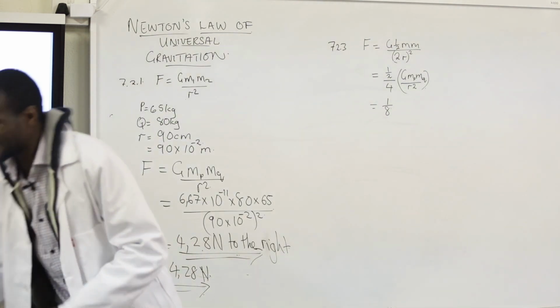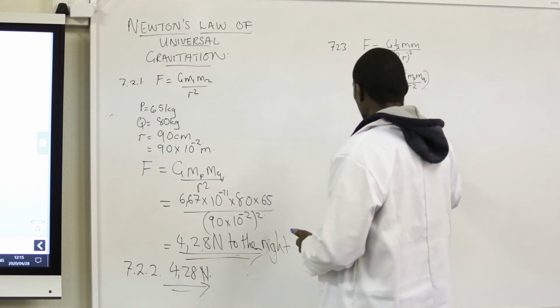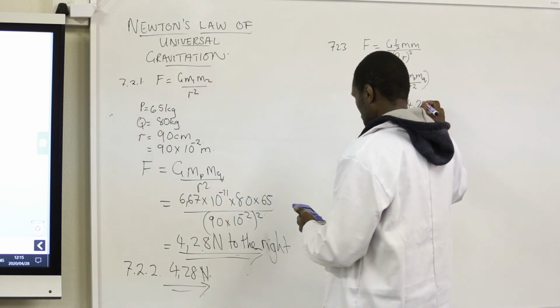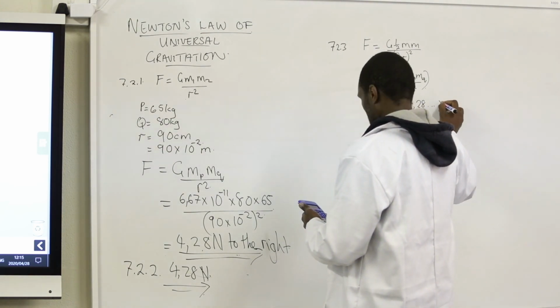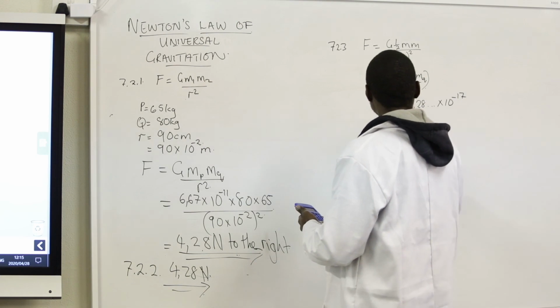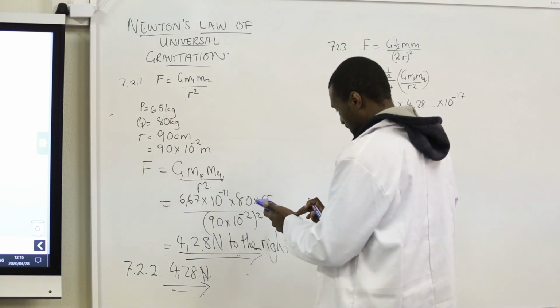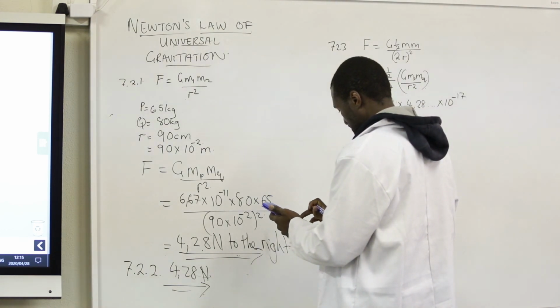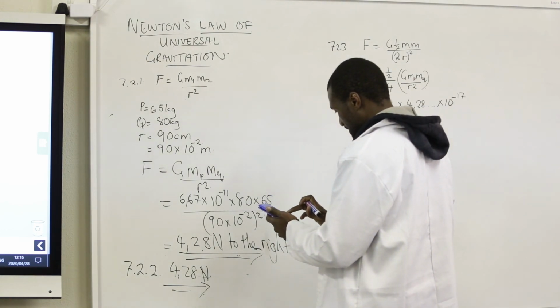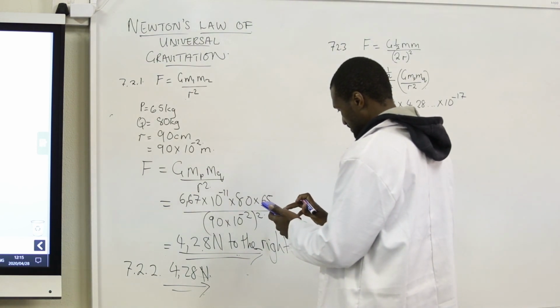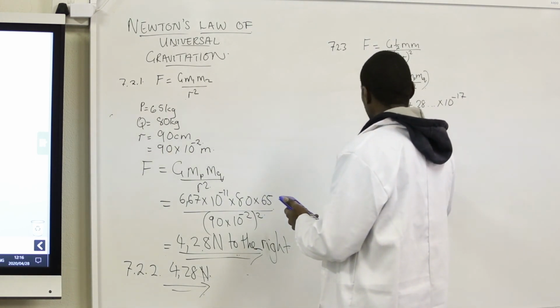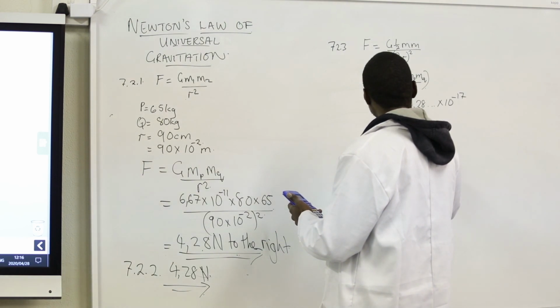I hope you had not deleted that answer from your calculator. 1 over 8 of 4.28 dot dot times 10 to the power negative 8. So that is 1/8 of the answer, which is equal to 5.35.